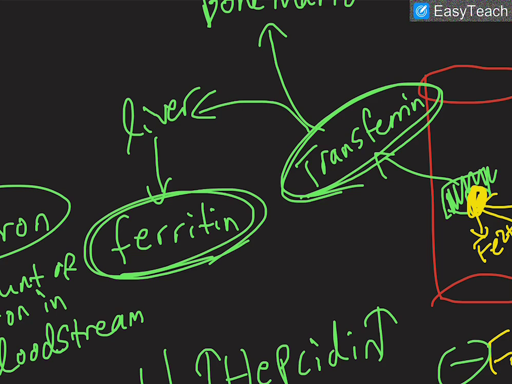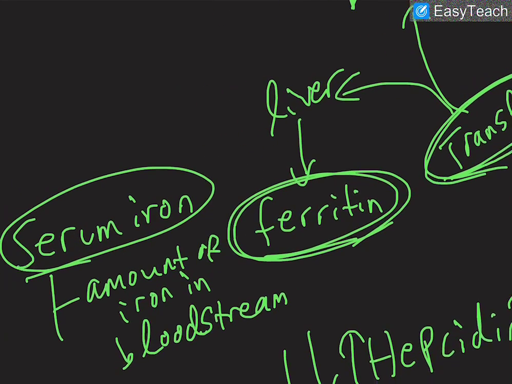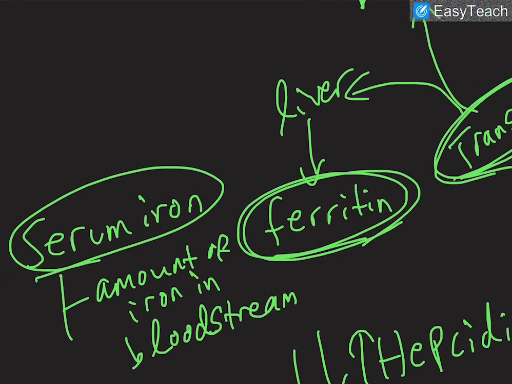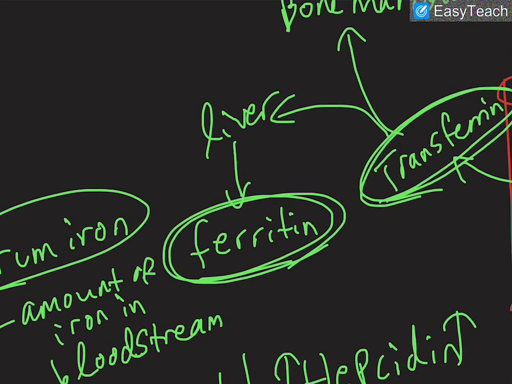The reason I'm emphasizing these things is because it's going to be really important when talking about the labs of iron deficiency anemia. Ferritin is a storage form of iron. If ferritin is low, that means we don't have much iron stored in our cells.